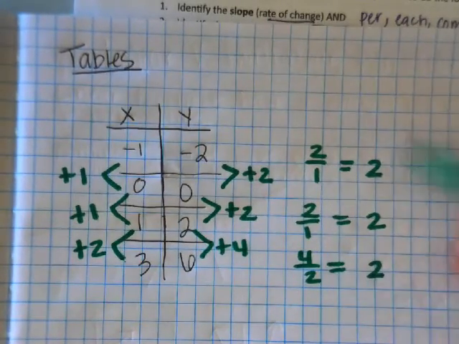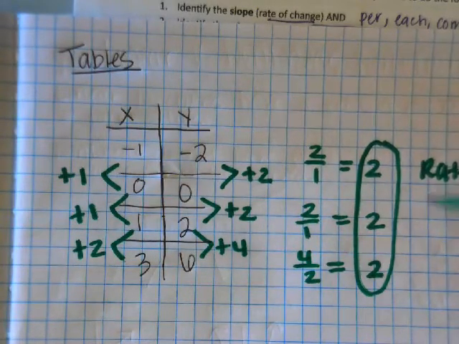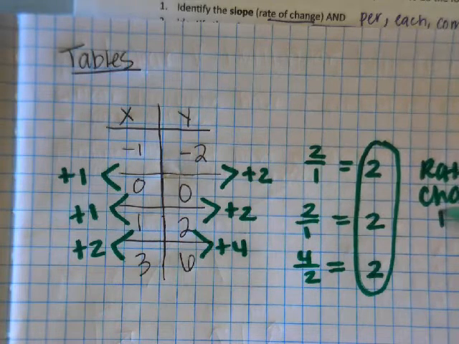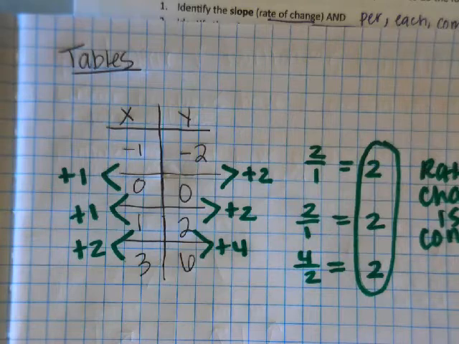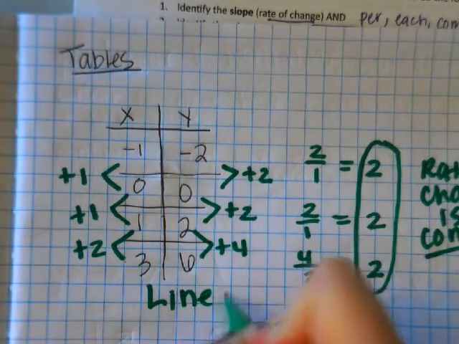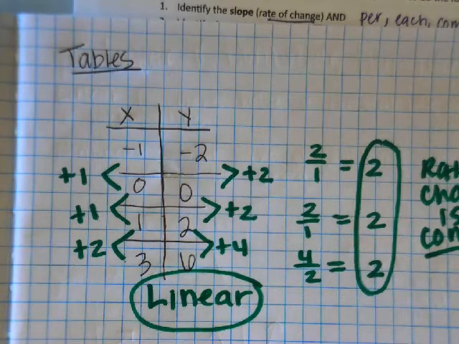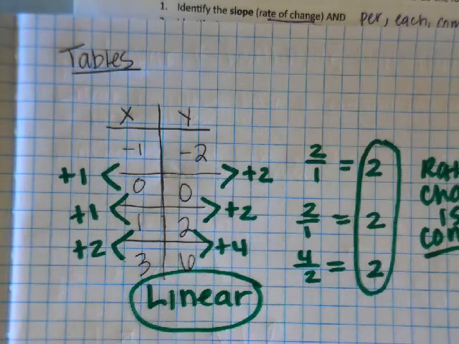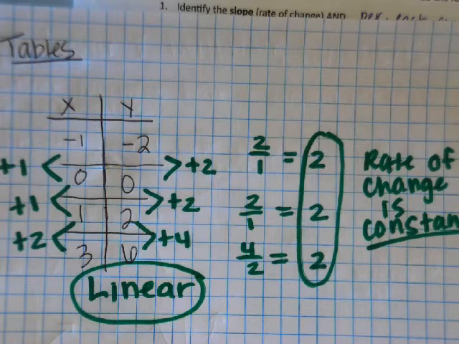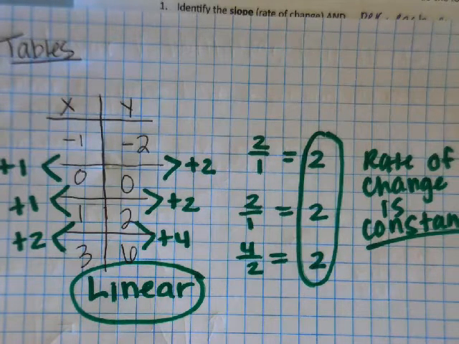Now, the key right here is that the rate of change is constant, right? It stayed 2 every single time. So that means that this table right here is linear, because the slope is the same between every set of points. That's what makes a linear function linear, is the slope staying the same.